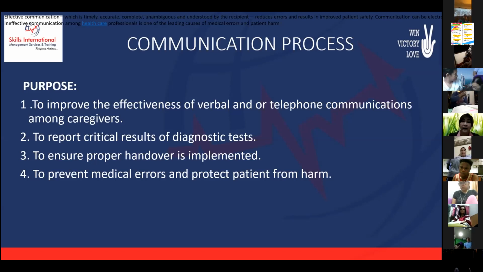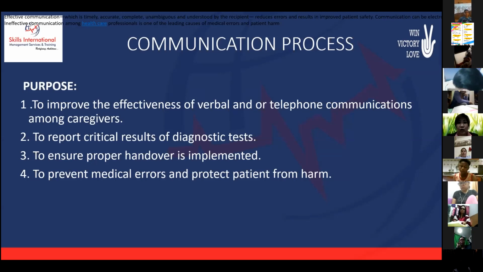So I will effectively hand over to the receiving nurse or the receiving nursing assistant that the next dosage or the next medicine is to be given by 12 o'clock midnight. So it should be handed over. It should be effective communication or effective handover to prevent medical errors and protect patients from harm.